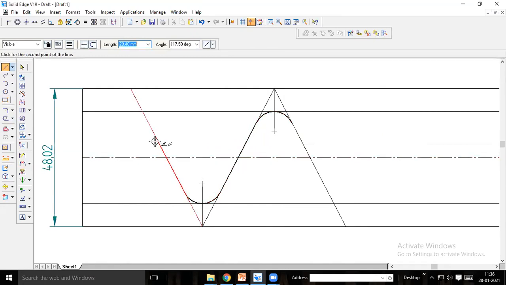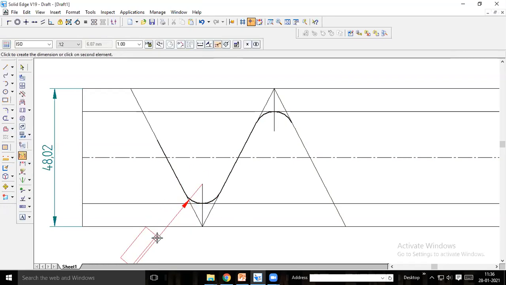I am extending a little bit because I will not draw this left side profile completely. So you have already created a profile, just to show this radius value 6.87 on either side.